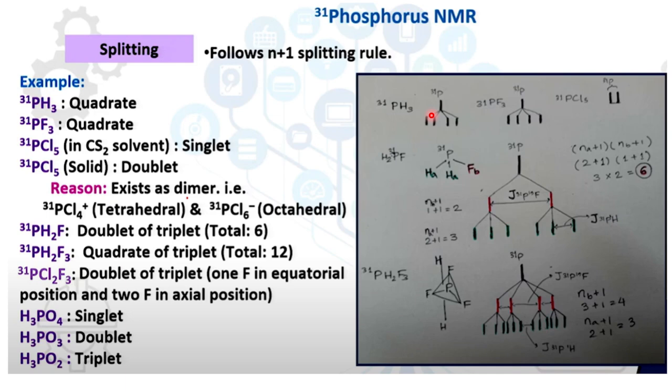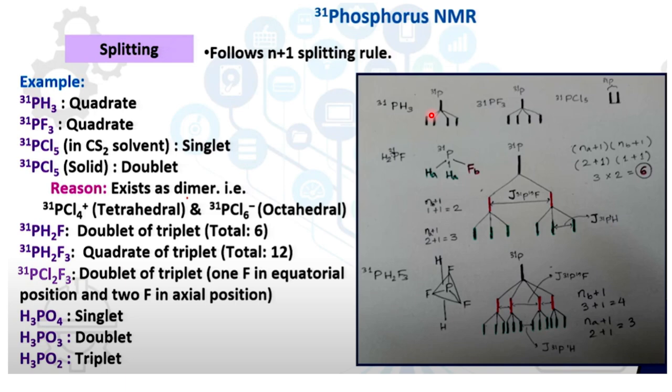Now in case it is PCl5, there will be two different natures of the peak if it is in solution state or in solid state. The reason behind that is, in solid state, PCl5 does not remain as PCl5; it remains as PCl4 plus, because of its dimeric nature, and PCl6 minus.